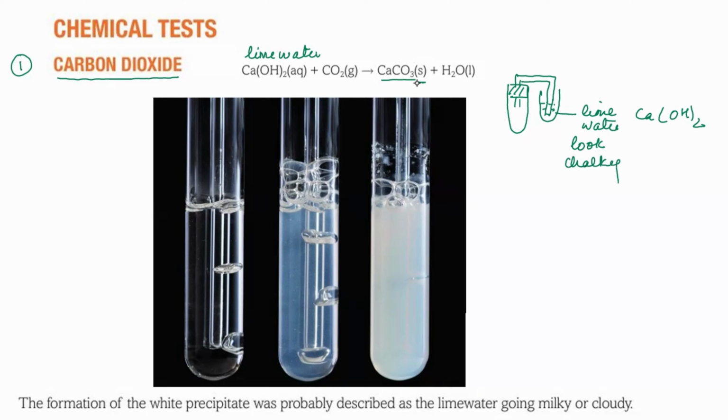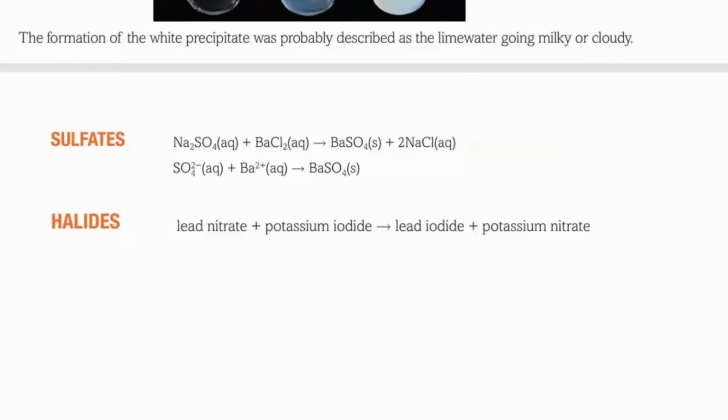So when any gas passed through lime water gives this observation, we know that the gas is carbon dioxide. That is the reason we say that the precipitation reaction is employed for the identification of a gas, especially carbon dioxide gas. That is how we can use the precipitate reaction.